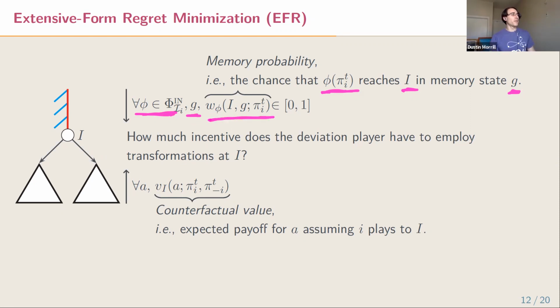We look at this memory probability. So it's a value between 0 and 1, describing this chance.